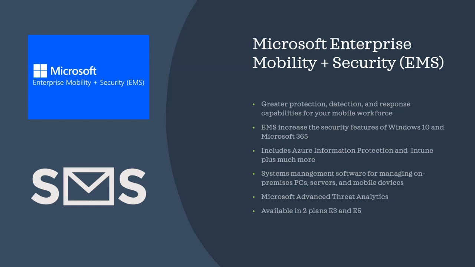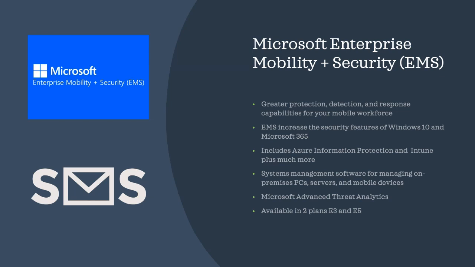What it does is combine AIP and Intune together, as well as things like system management software and advanced threat analysis, and it protects your workforce a lot better than just having the individual two programs, because it goes to the next level. It's effectively like them on steroids. So it gives you greater protection, detection, response, and capabilities.